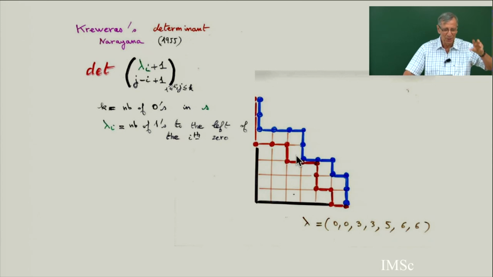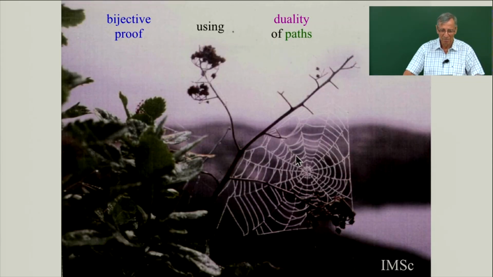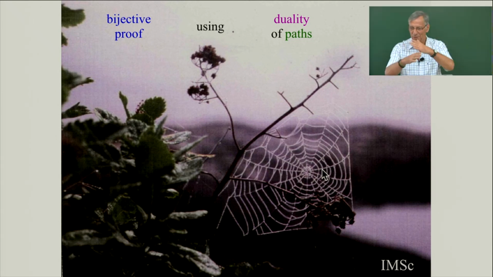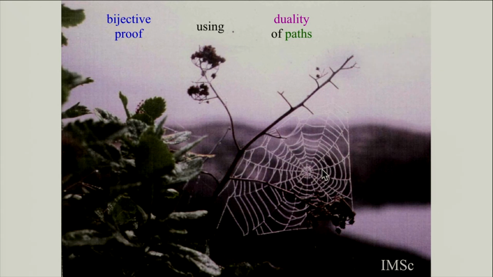You have to think of this. Here you have two families of paths. All around this there is a family of non-crossing paths, and then all around this there is another family of non-crossing paths. So they are kind of orthogonal families of non-crossing paths, and we can define a duality of paths.